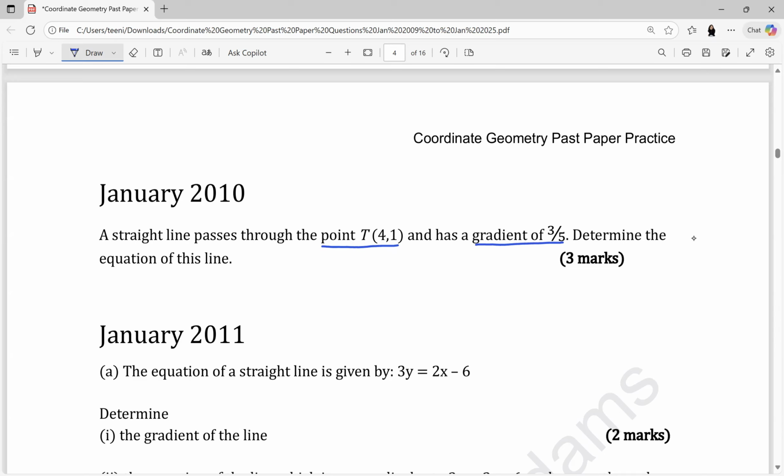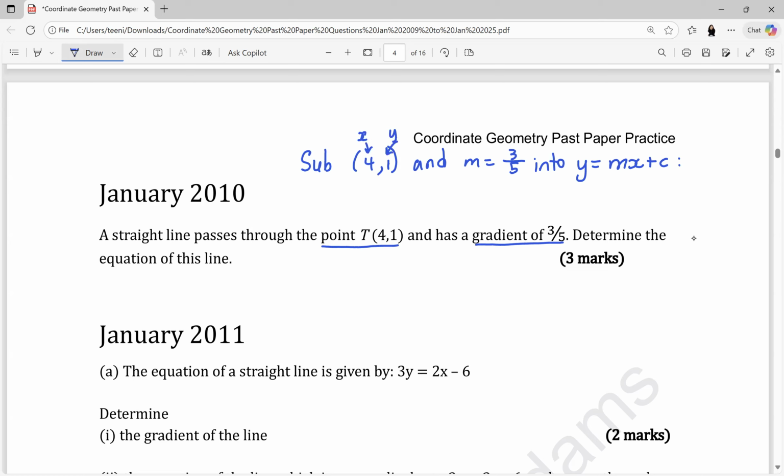So to solve this question, and it's 3 marks, 3 easy marks, you substitute the point (4, 1) and m equal to 3/5 into y is equal to mx plus c to find what c is. All right. So basically, what you're substituting, well, in the point, 4 is your x coordinate and 1 is your y coordinate.